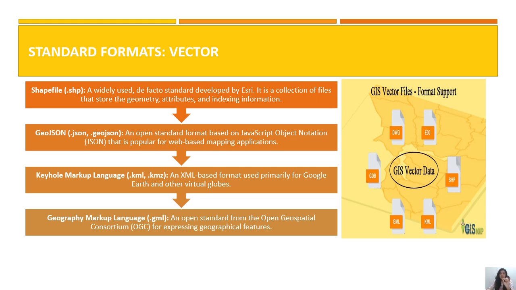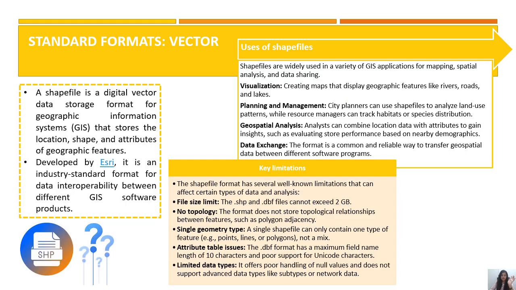So let us understand what the shapefile means. A shapefile is a digital vector storage format for geographical information. It stores the location, shape, and attributes of different geographical features. ESRI developed this and made it an industry standard format, so we are able to share these products for analysis.